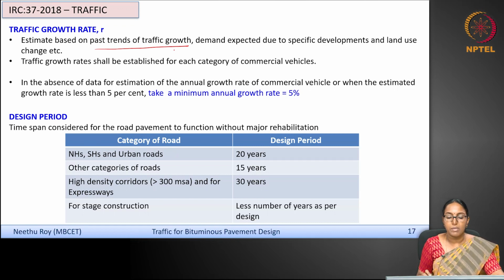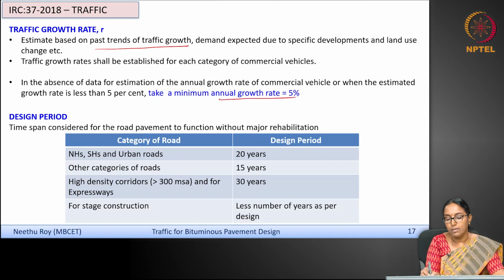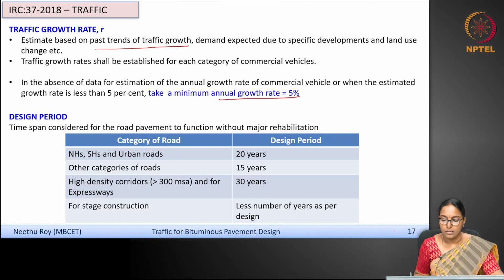So you can estimate the traffic growth rates for different categories of commercial vehicles. And if this data is not available, IRC suggests that even if the annual growth rate of commercial vehicles is less than 5%, you have to take a minimum annual growth rate of 5%. This is what IRC 37 suggests.